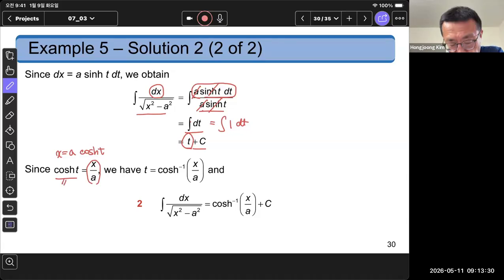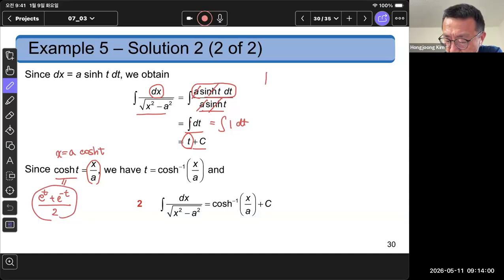That is e to the t plus e to the minus t over 2. That is x over a, right?